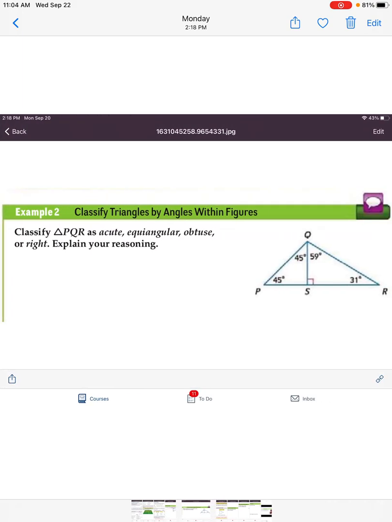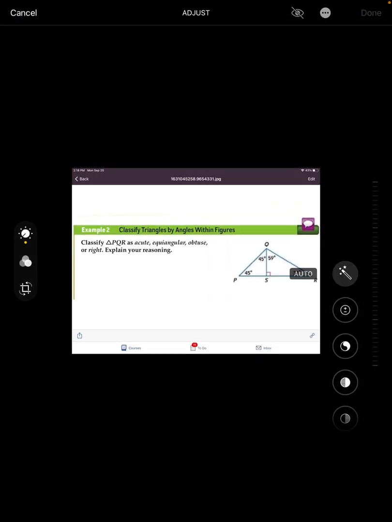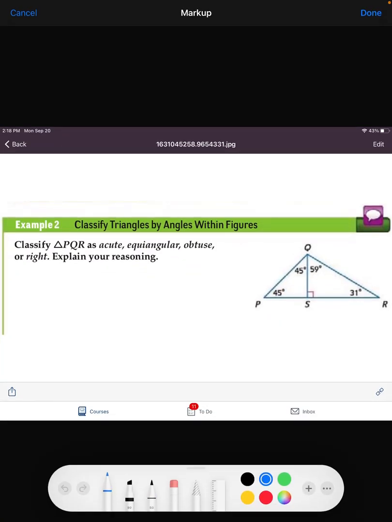In this example, it asks us to classify PQR as acute, equiangular, obtuse, or right. To classify this triangle, we have to look at our big angle here, which is actually the addition of 45 plus 59.